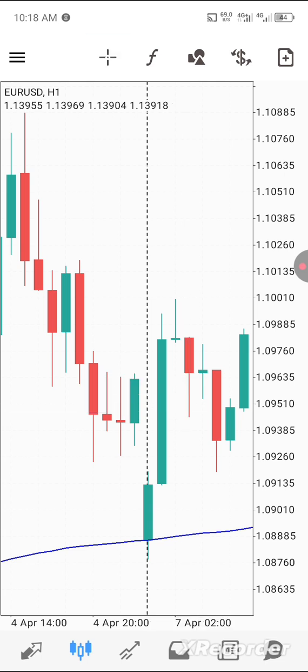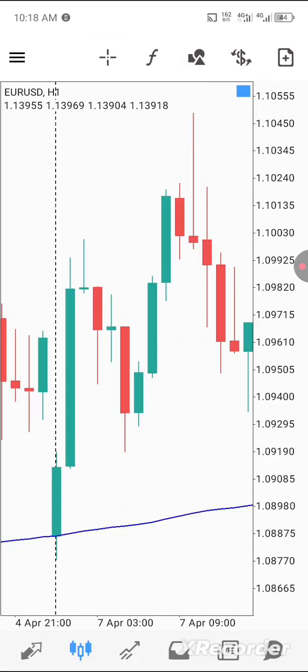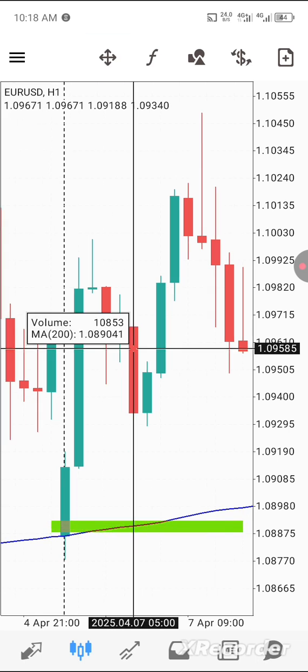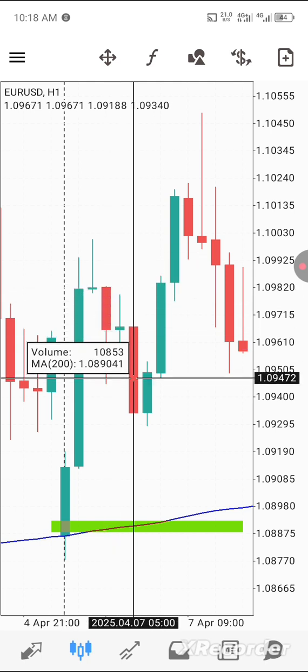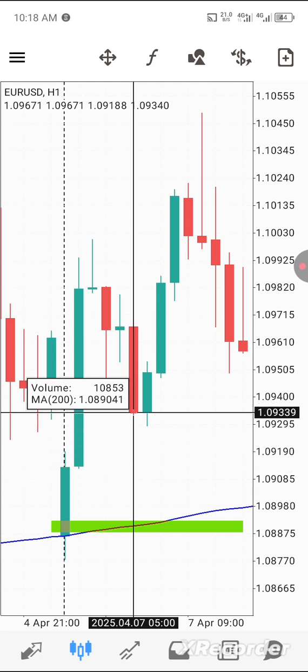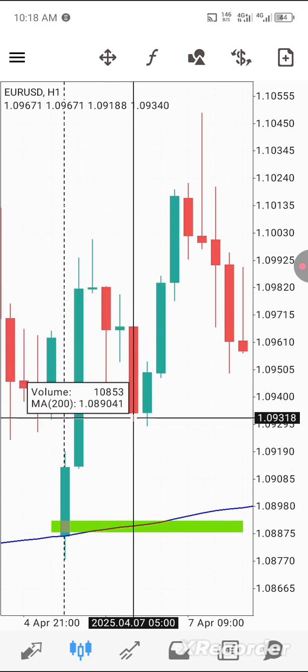So in that case, we put our target here. If the market comes downward and hits here, we'll go for a buy. But look, this is what happened: a red candlestick formed again.